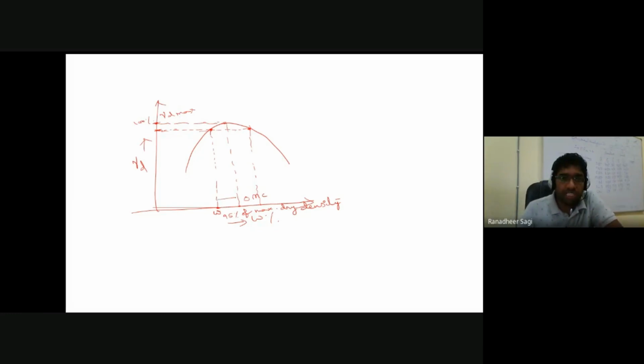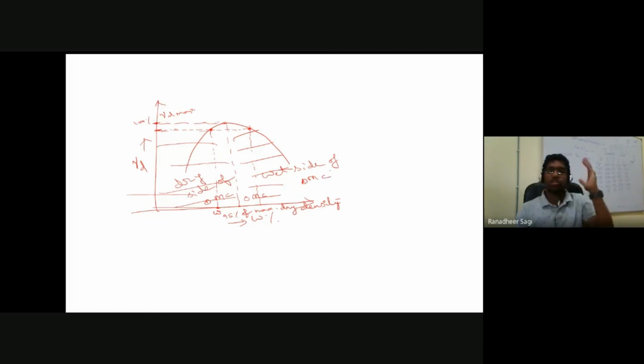So the left side region of your optimum moisture content we call the dry side of OMC, whereas the region corresponding to the right side of OMC we call the wet side of OMC.